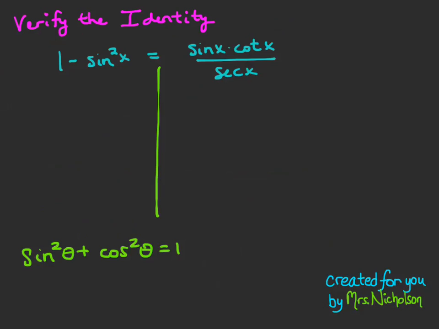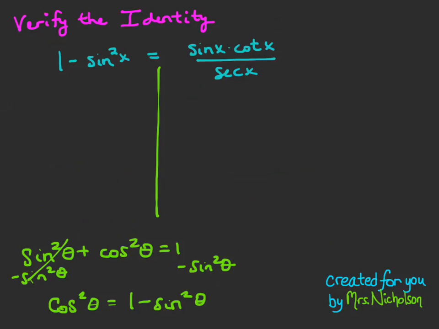But what I have here in my identity is 1 minus sine squared. Well, I can easily get that by subtracting sine squared and canceling out over here. And I get cosine squared theta is equal to 1 minus sine squared theta. So this is another version of this same identity.